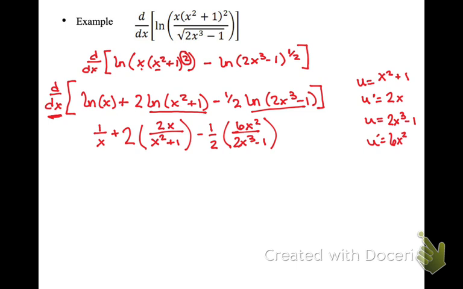And now I can simplify, right? This 2 right here, this half makes that 3, doesn't it? Yes. And this 2 and that 2 would become 4. So they didn't get common denominators. I guess I won't be mean. You could do it.